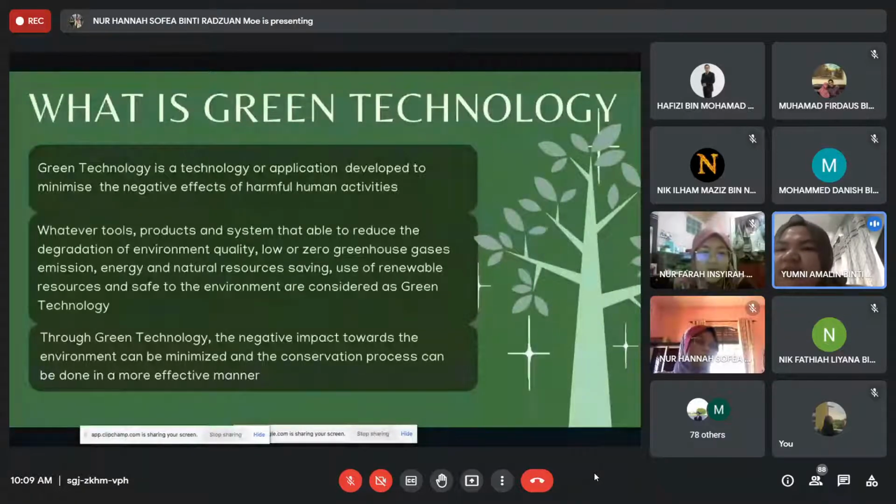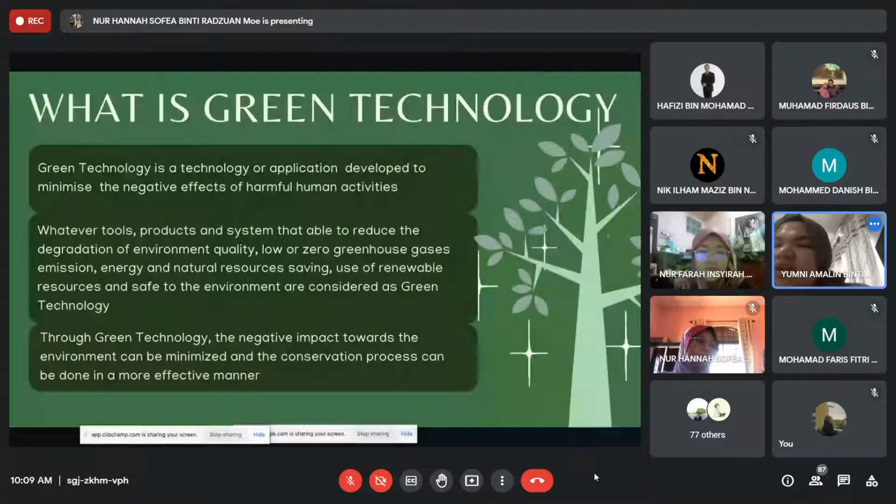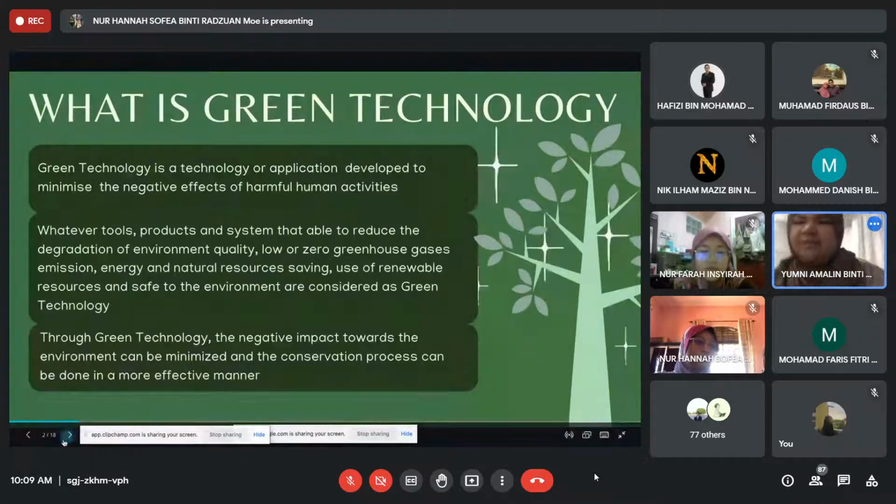Whatever tools, products, and systems that are able to reduce the degradation of environment quality, low or zero greenhouse gas emission, energy and natural resources saving, use of renewable resources, and safe to the environment are considered as green technology. Through green technology, the negative impact toward the environment can be minimized and the conservation process can be done in a more effective manner. Next slide.